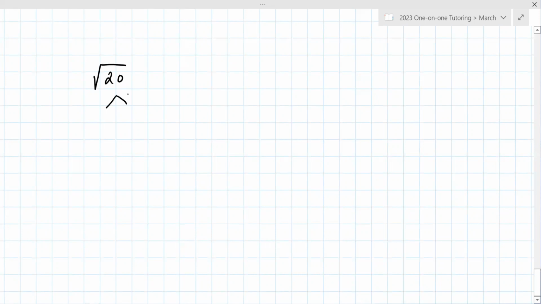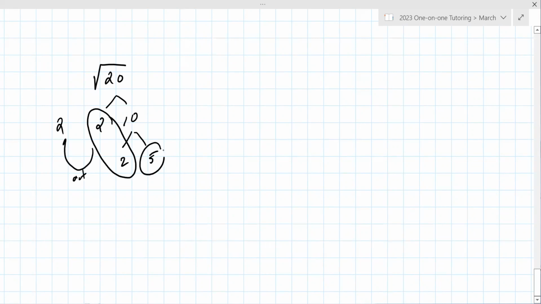So let's go square root of 20. You always start with 2. Is 20 divisible by 2? Yeah, 2 and 10. And then you try it again. Does 2 go into 10? Yeah, 2 and 5. That's why you've got to know your prime numbers, because you've got to know, oh, I stop here at 5. 5's a prime number. You look for pairs. There's a pair. You're going to bring a 2 out.